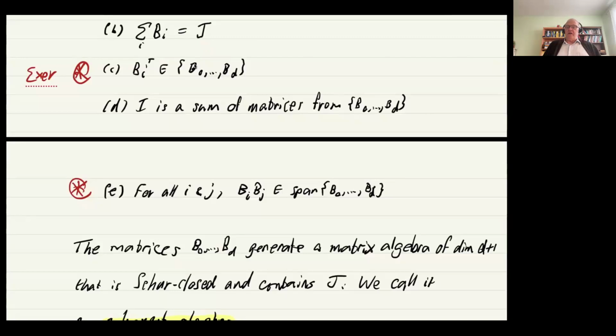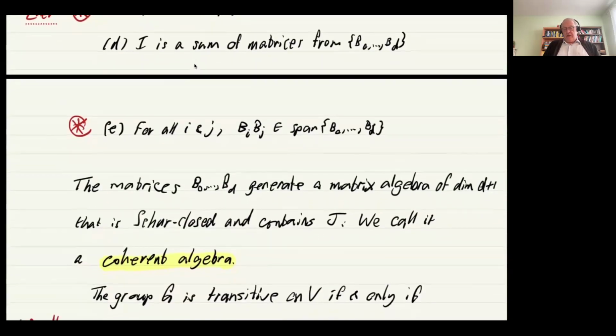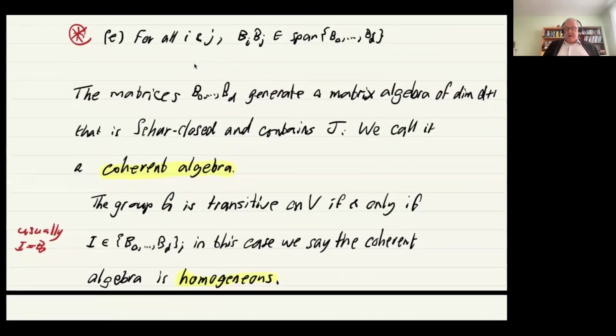So there's a lot of structure here. If you have a collection of matrices satisfying those conditions, we call it a coherent algebra. The group is transitive if and only if the identity is an element of that special basis, and in that case we say the coherent algebra is homogeneous.